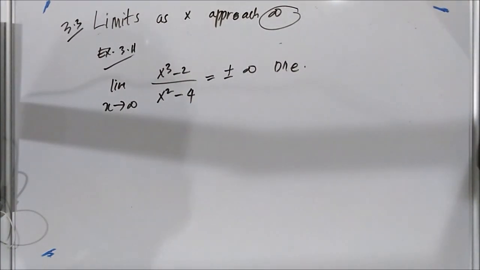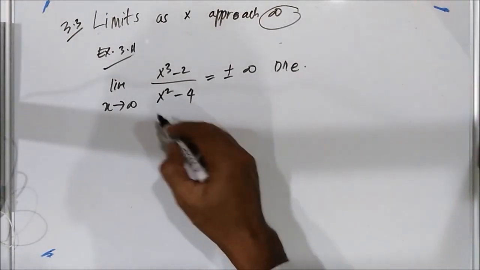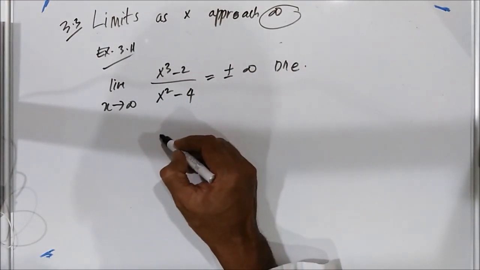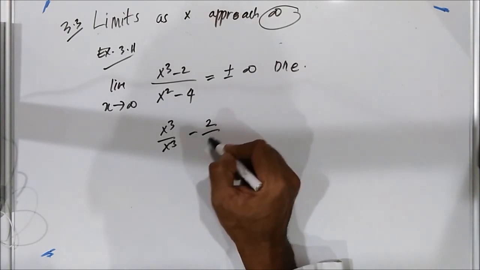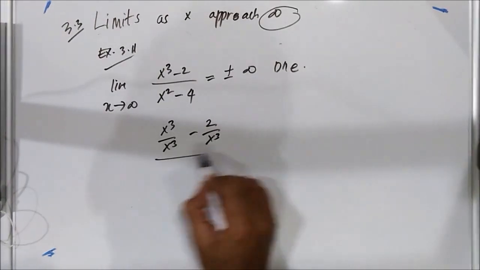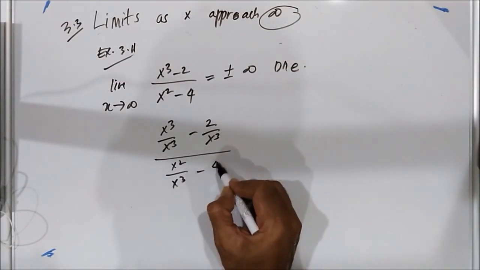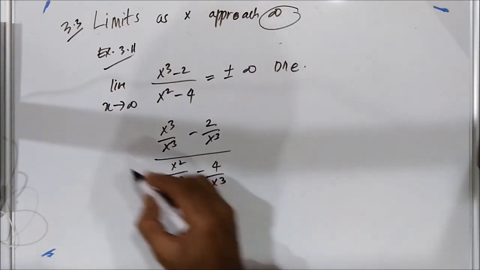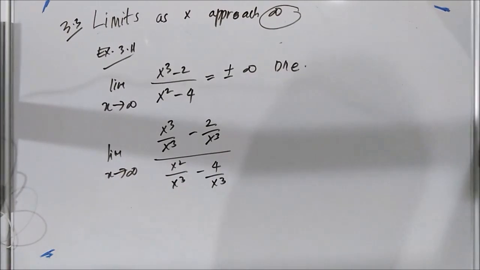So to prove this one, we can divide by the largest power here. The largest power here is x cubed. So you divide everything by x cubed: x cubed divided by x cubed minus 2 divided by x cubed, over x squared divided by x cubed minus 4 divided by x cubed, limit of x approaching infinity.